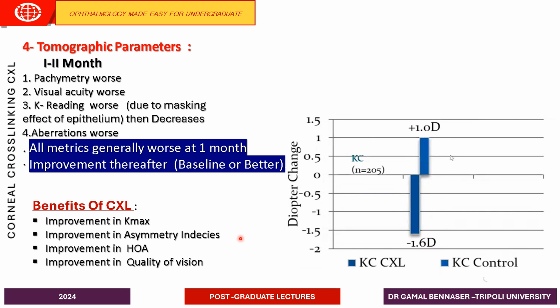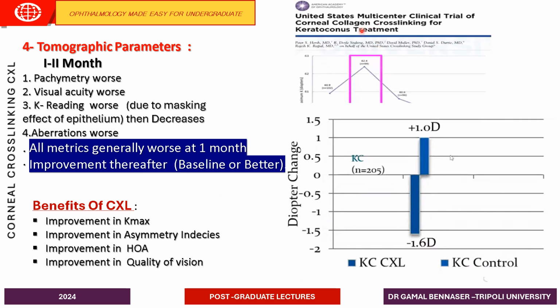Now, it should be kept in mind that when we want to study the efficacy of our corneal cross-linking indirectly using the tomographic data, within the first month after the cross-linking, all the parameters will be worsened. As you can see in this curve, based on the United States phase 3 clinical trials, within the first month, all the parameters will be worse.